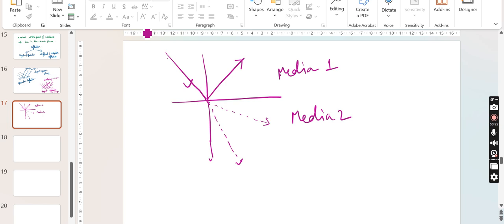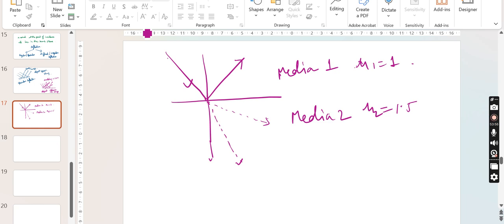So your medium one is air, medium two is water or glass, with index 1.5.